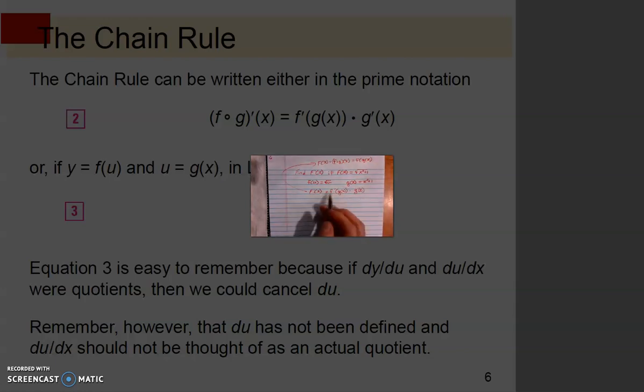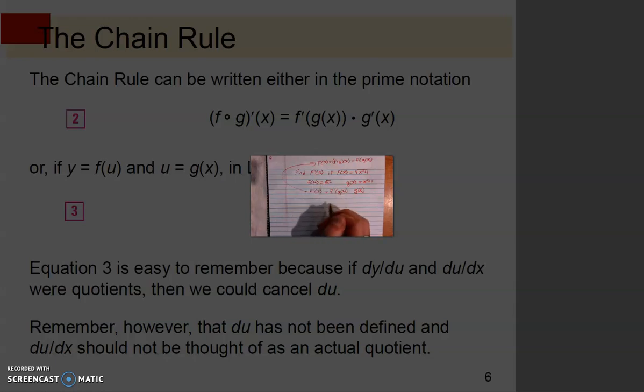So first I want to calculate f prime of g of x. To do that, I first need to figure out what f prime of u is, because that's essentially what this is.